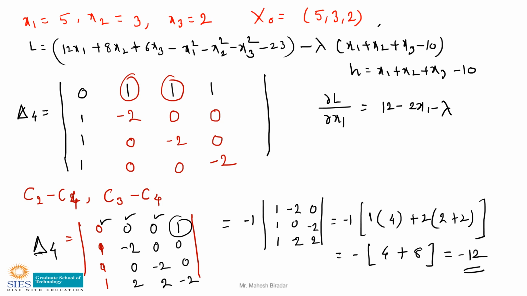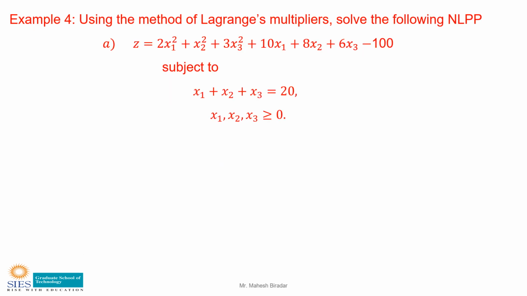Okay, delta 4 is negative, no problem. Now we have to check delta 3, because the maxima or minima depends upon delta 3.